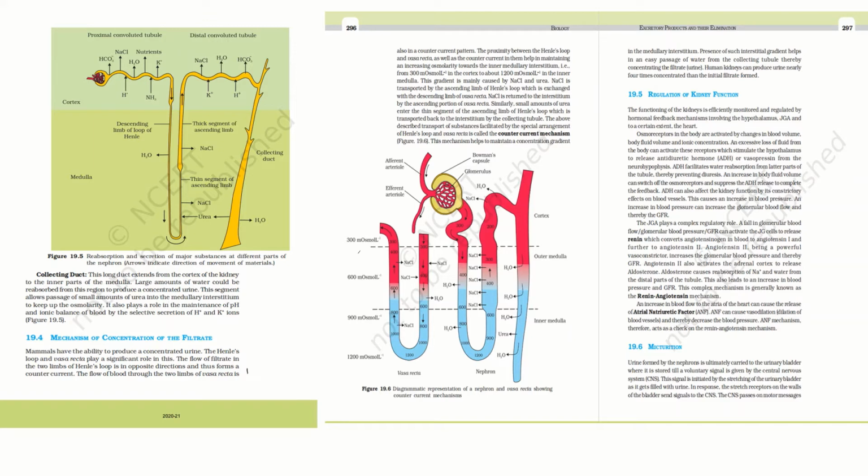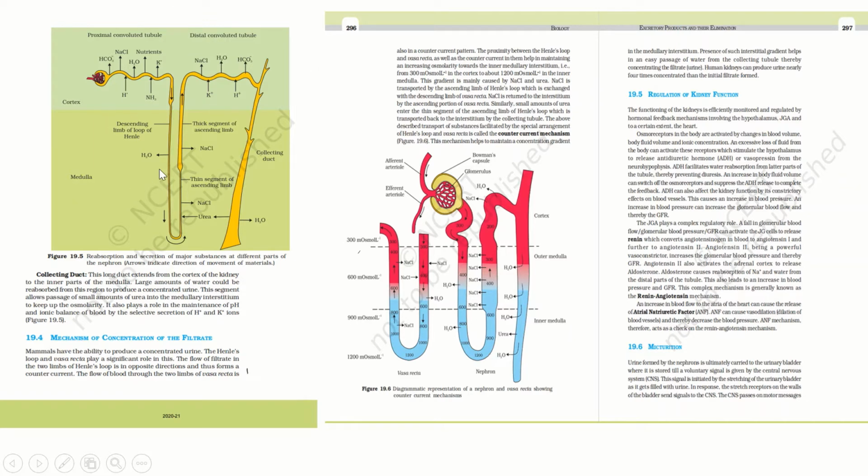So basically, for the nephrons present in the renal medulla, you can't say that all parts of the tubules are present within the medulla. The parts of the proximal convoluted tubule and distal convoluted tubule are present in the cortex. So you can see over here the structure.